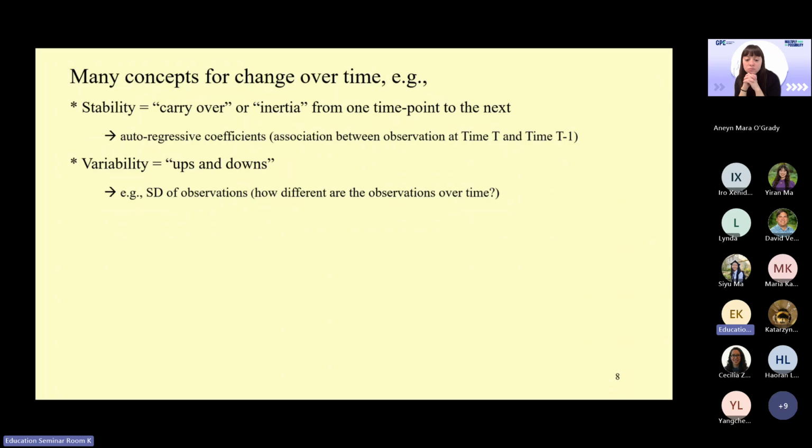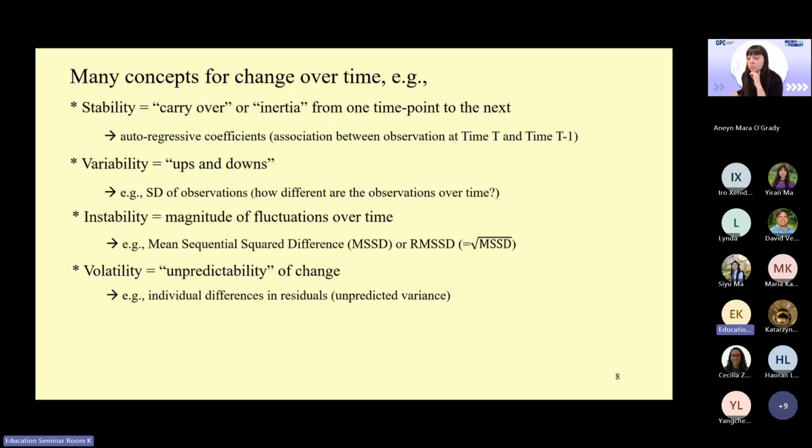So this is the association between what is happening in time point t and t minus 1, so in the previous time point. We can also think of variability. So these are the ups and downs, so the oscillations that we can capture within a person. So this would be, for example, the standard deviation of the observations over time. So how much variation there is within a person.